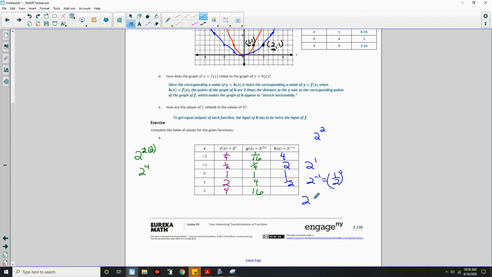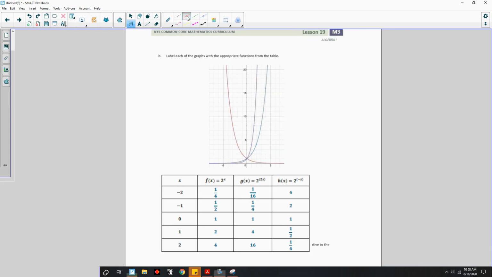And then finally, 2 to the negative 2 equals (1/2) to the positive 2, which is 1/4. Okay, put that 4 back, 1/4. So there is our table of values.